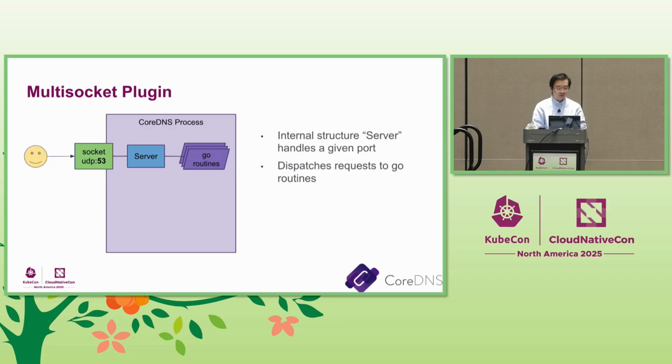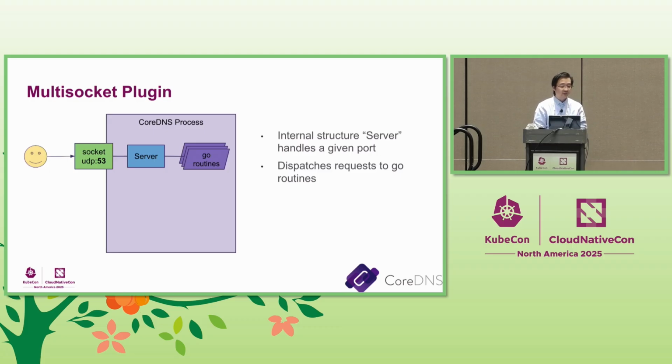So for the multi-socket plugin, before I discuss this one, I'll just explain how exactly CoreDNS works when it receives a packet. As you can see, a DNS server always binds to UDP 53. For CoreDNS, before the multi-socket plugin, it will bind to this address of port number 53.